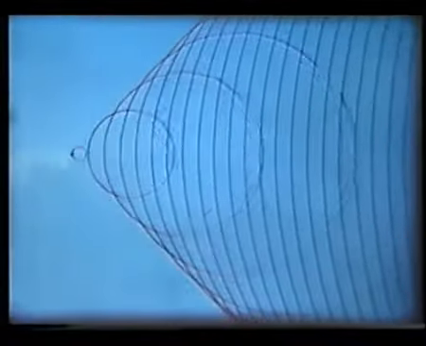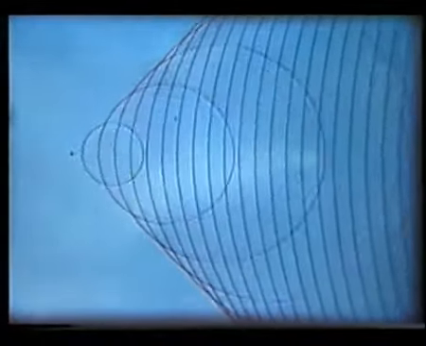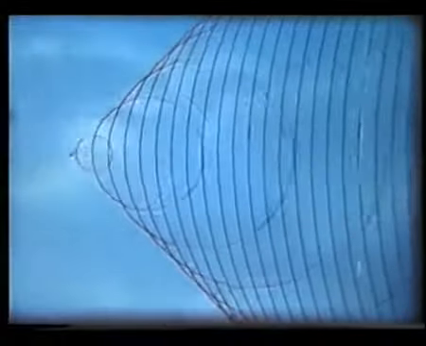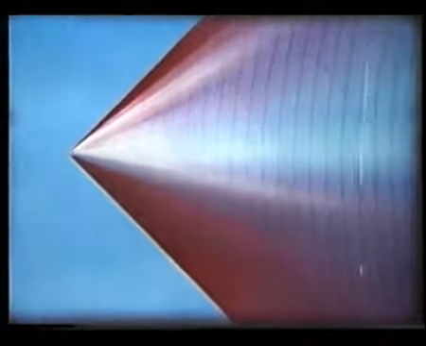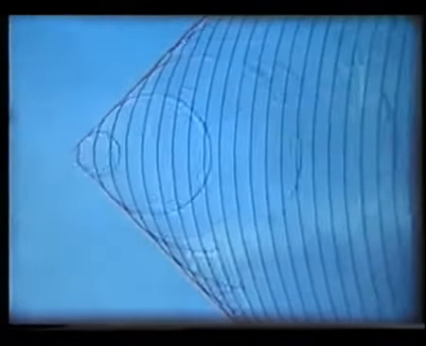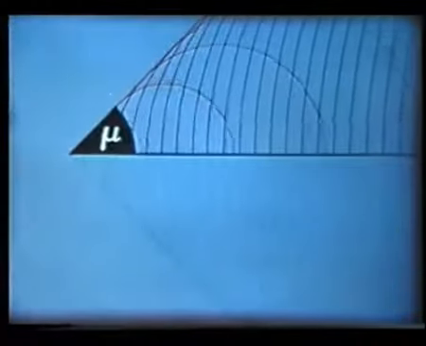To understand supersonic flight, it's necessary to examine the nature of supersonic airflow, which behaves more simply than subsonic. First, consider what happens when a single point is moving supersonically. Pressure waves sent out continuously at the speed of sound form a round cone, the Mach cone. The lines forming it are called Mach lines. The half angle of the cone is called the Mach angle, usually shown by the Greek letter mu.